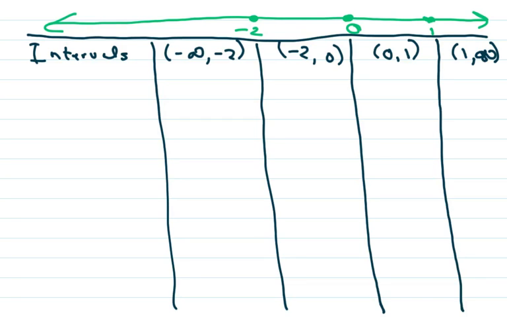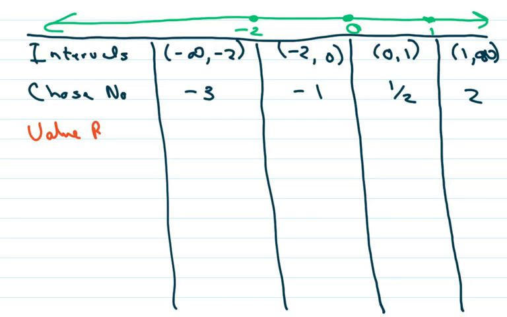I'm going to choose numbers. I'm going to pick negative 3 here, negative 1 here. Here I had to pick 1/2, which is the easiest, and then 2. Now, I'm going to find the value of r. Here I'm going to plug in negative 3 and find out what my y is, or my r.